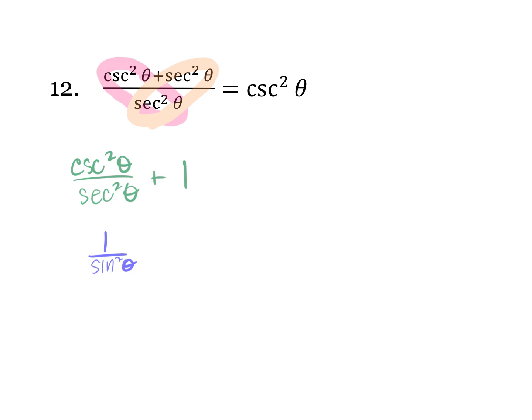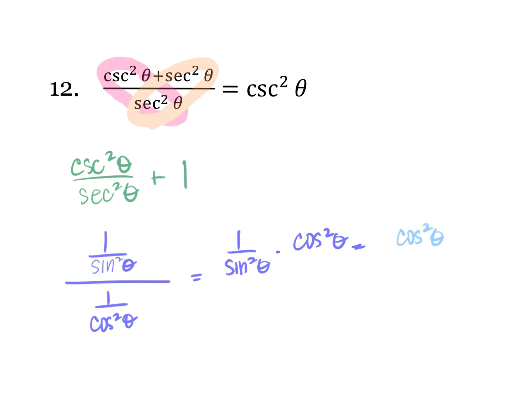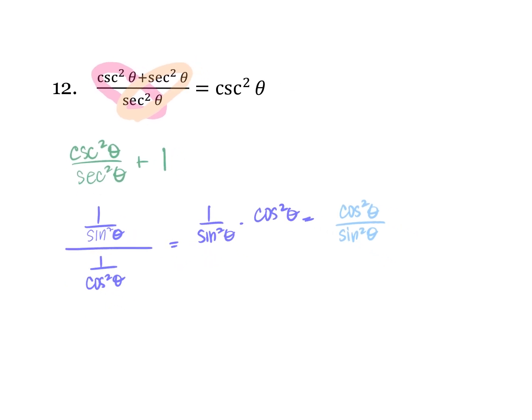1 over sine squared divided by 1 over cosine squared. 1 over sine squared times cosine squared over 1.